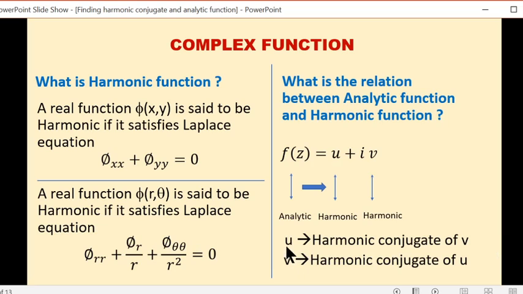It is not that u is coming from f of z and v is coming from g of z. Then we cannot say they are harmonic conjugates. u and v both should be the real and imaginary part of the same analytic function. Then we say they are harmonic conjugates.